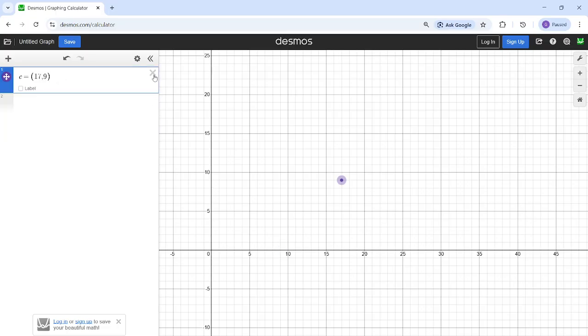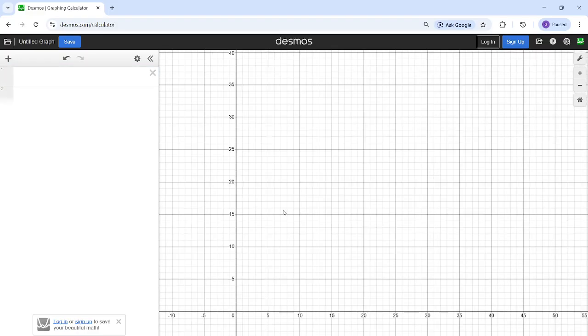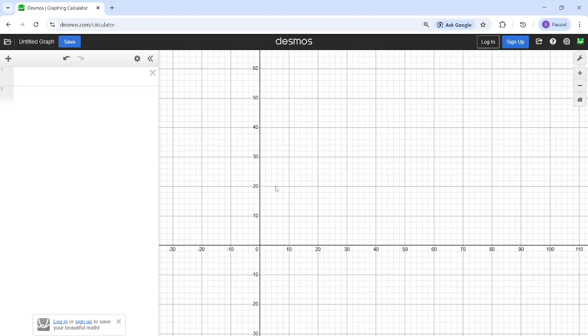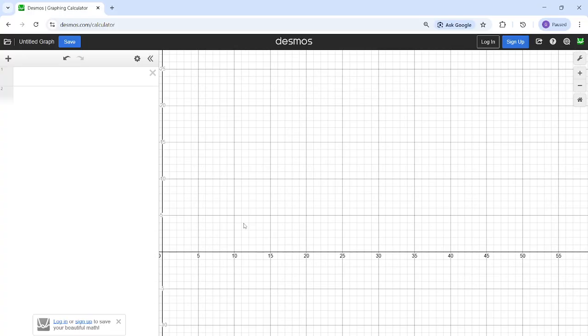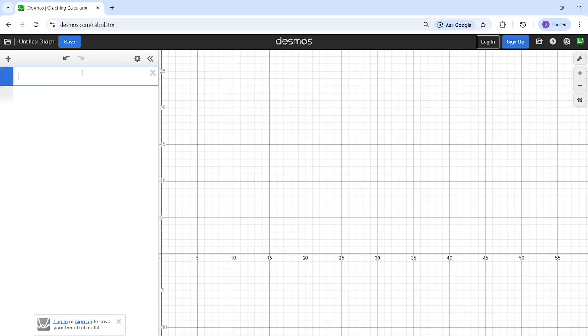Now, another way of using it would be on right triangles. Let's say you are given some random right triangle and you are asked to find the hypotenuse, and you are given the points. If you are given the points, it's your lucky day because you could just plug it into Desmos and write distance.